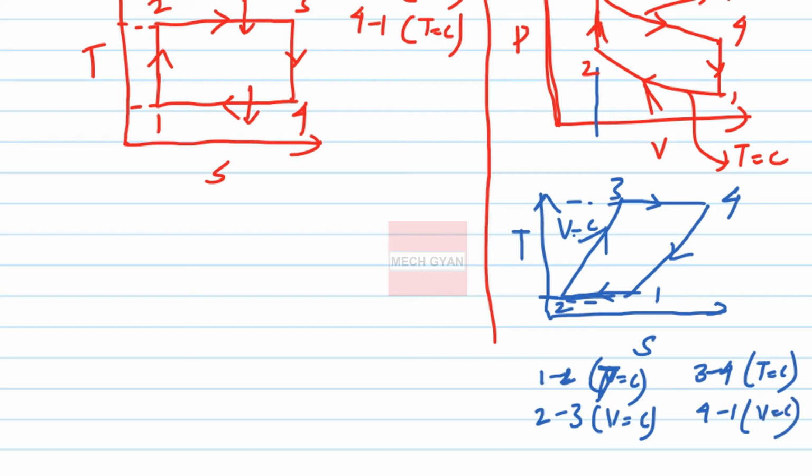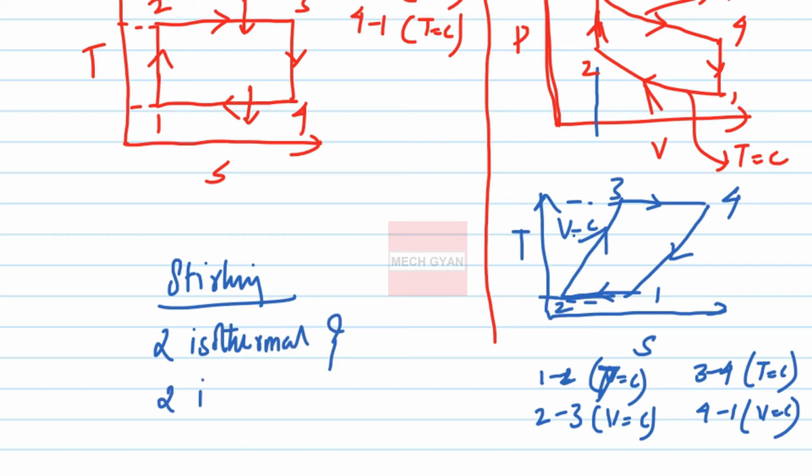So the Stirling cycle has two isothermal processes and two isochoric processes.